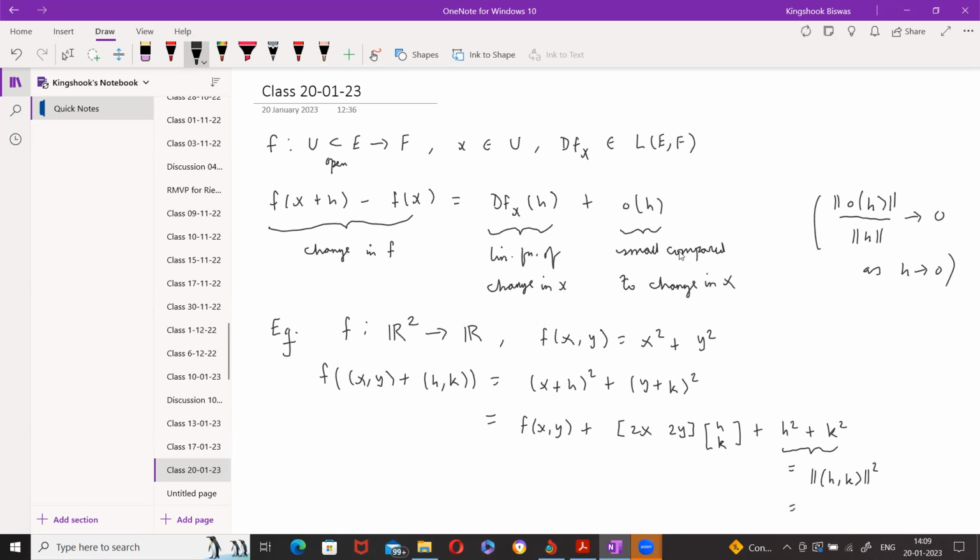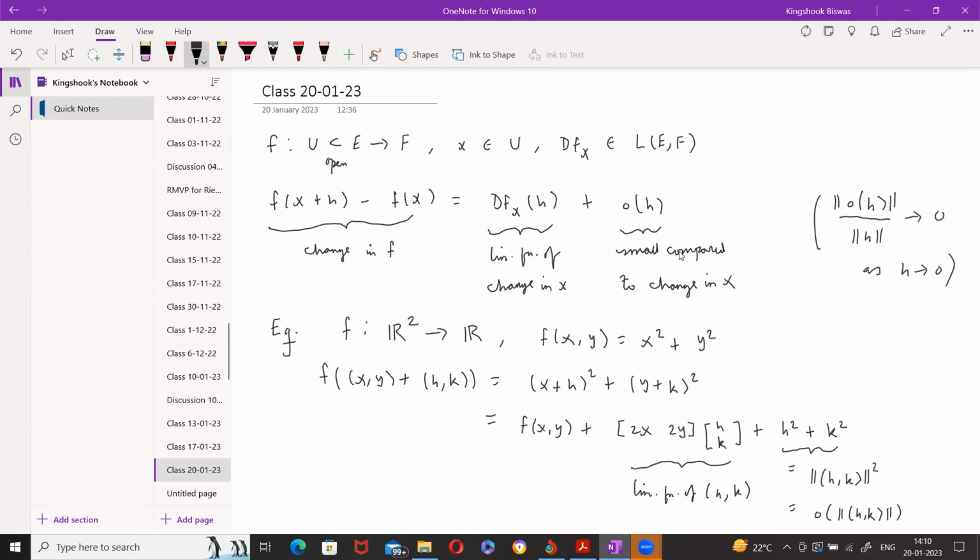So this is of course a little o of the norm of (h, k), because it's a square, so this divided by norm (h, k) equals norm (h, k), which tends to 0 as norm (h, k) tends to 0. And this part is a linear function of the vector (h, k).